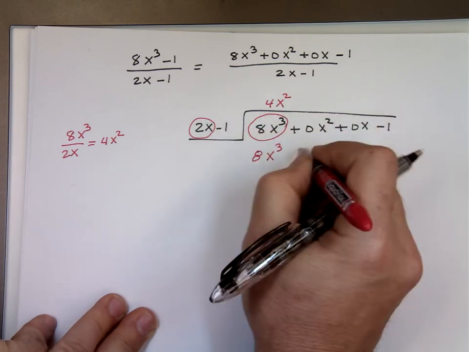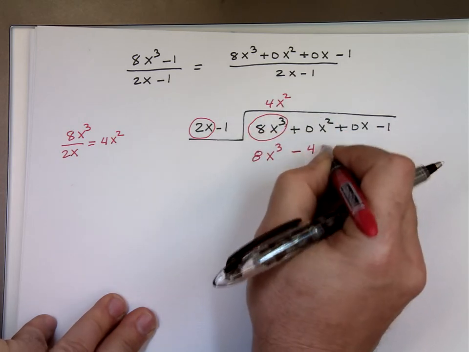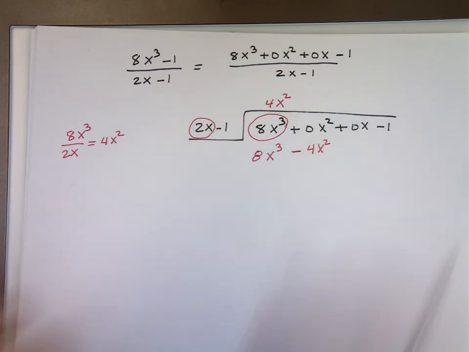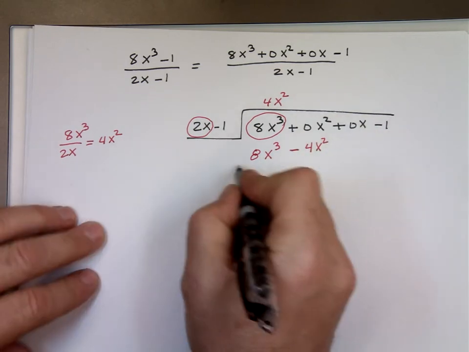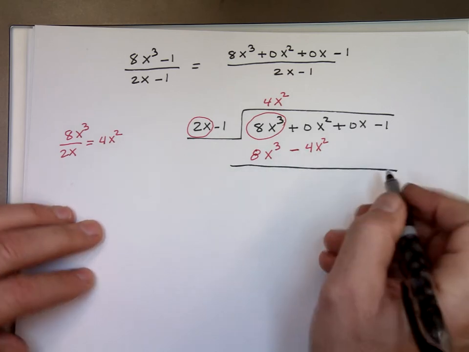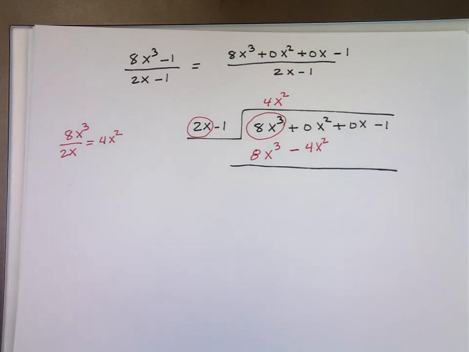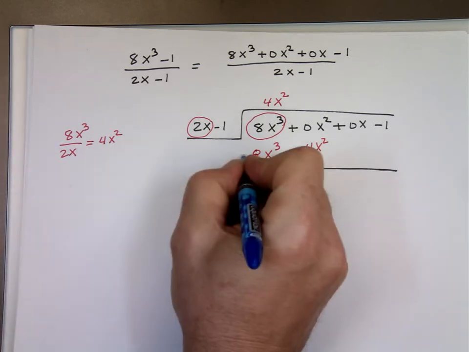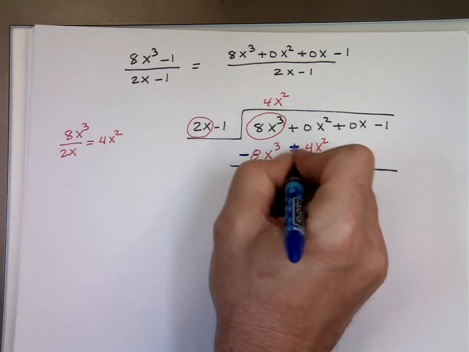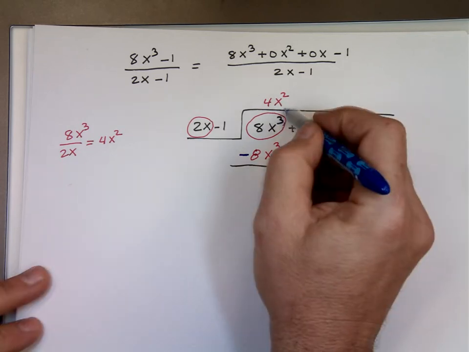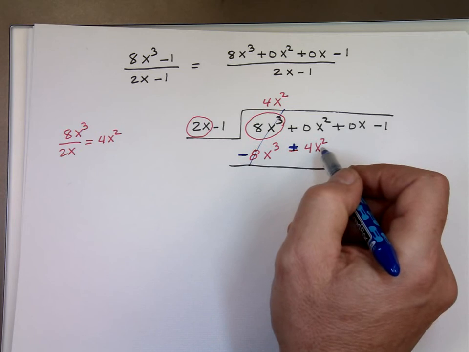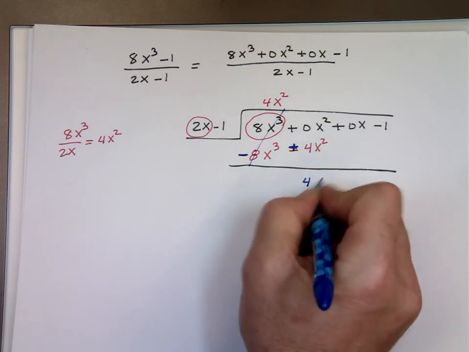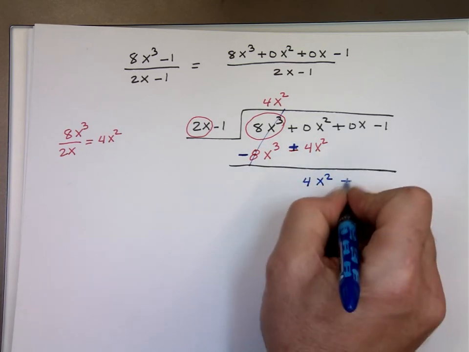Negative 4x squared. Now you see why I put the zeros there, so you'll see this is x squared with that x squared. Instead of subtracting, I said to you there's an easier approach, which is what? Change all the signs and add them, right? So this becomes a minus, this becomes a plus. Gone. What is 0 plus 4x squared? And bring the rest of the problem down. There's the 0x and there's the minus 1.